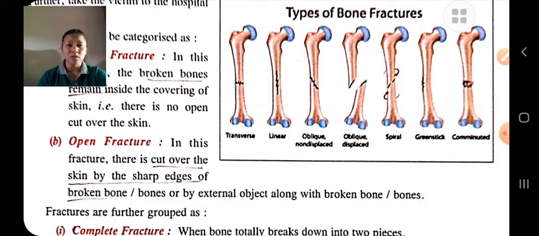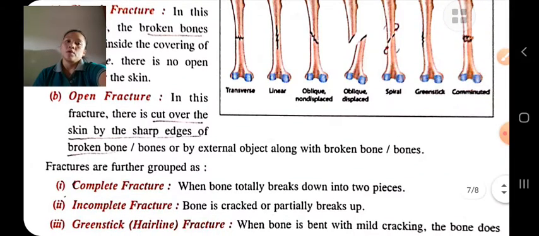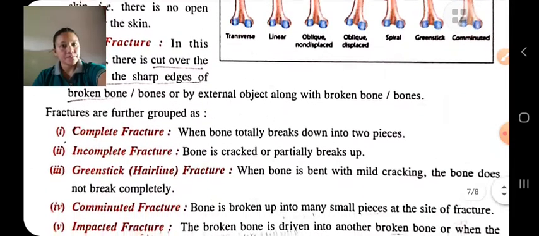In open fractures, there is a cut over the skin by the sharp edge of the broken bones or by an external object.